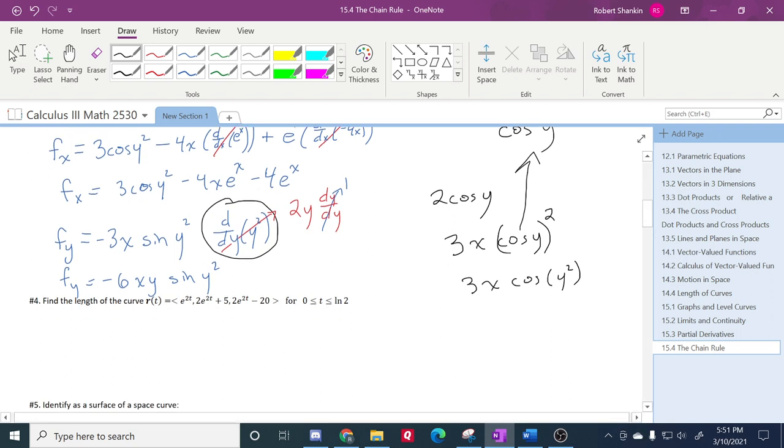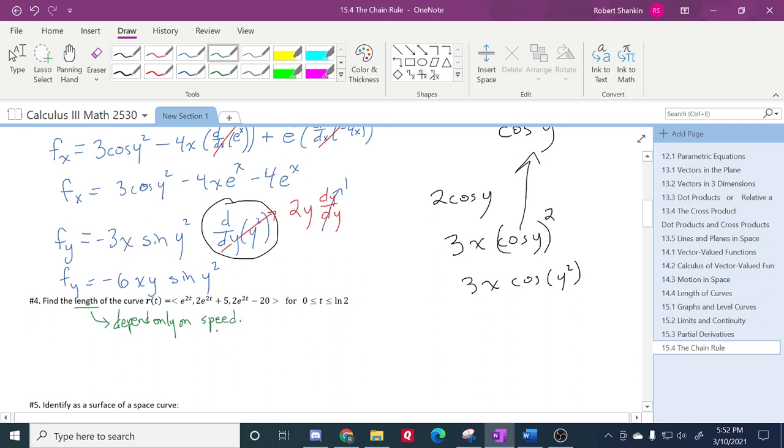So the length. When we're finding the length of a curve in 3 space, it depends on speed.